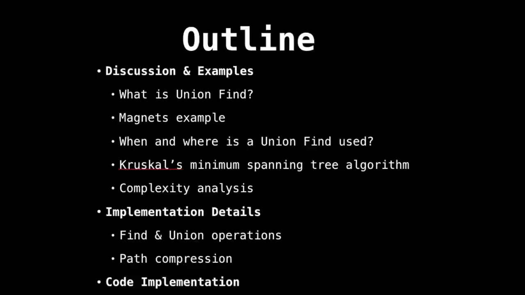Then we're going to go into some detail concerning the find and the union operations, the two core operations the union find uses. And finally, we'll have a look at path compression, what gives us the really nice amortized constant time the union find provides.